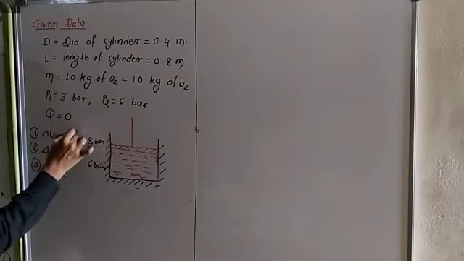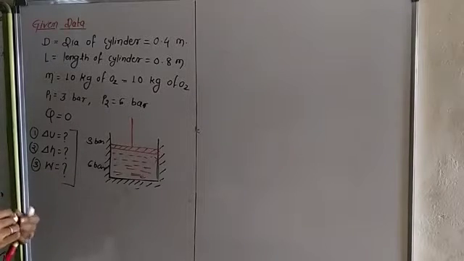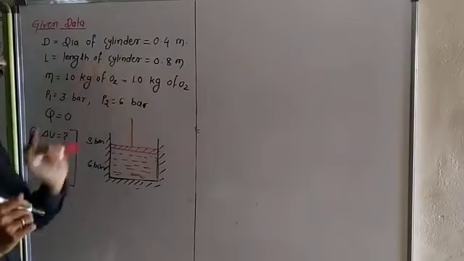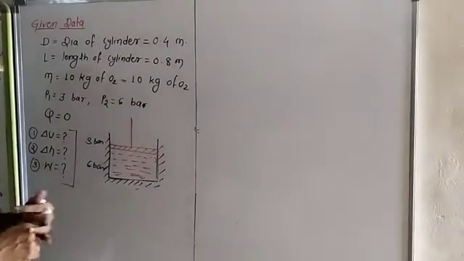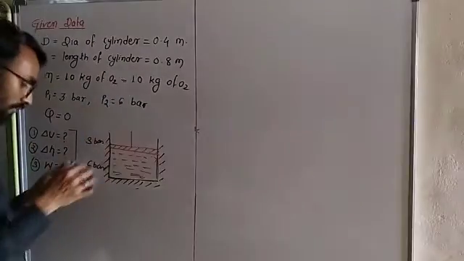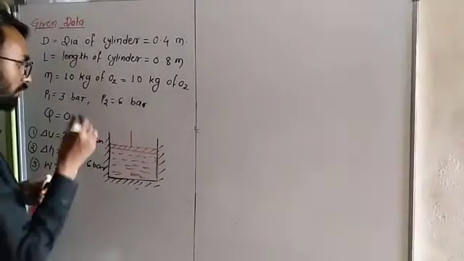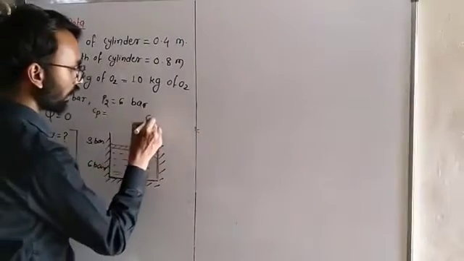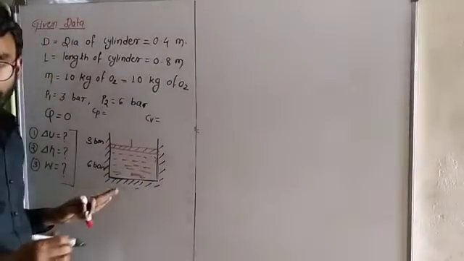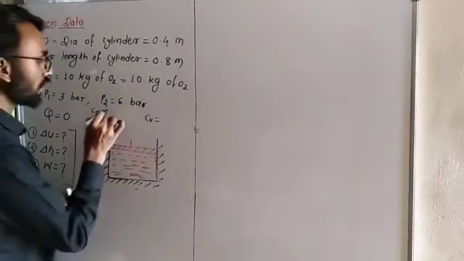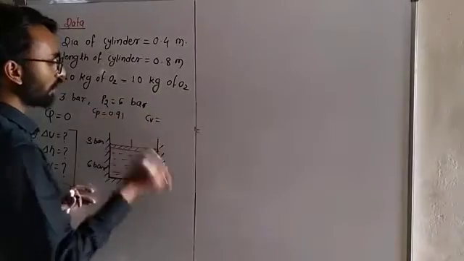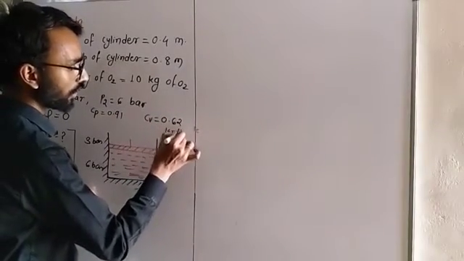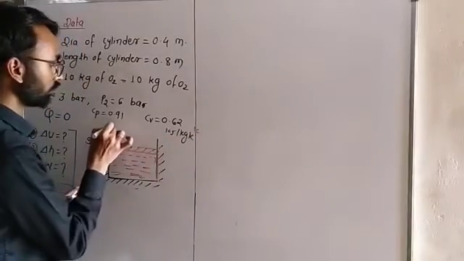In this question, Cp and Cv are given: specific heat at constant pressure is 0.91 kJ per kg Kelvin, and specific heat at constant volume is 0.62 kJ per kg Kelvin.